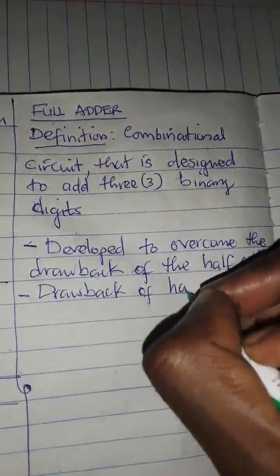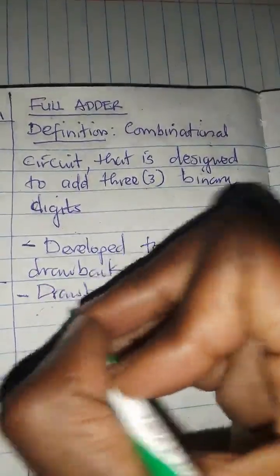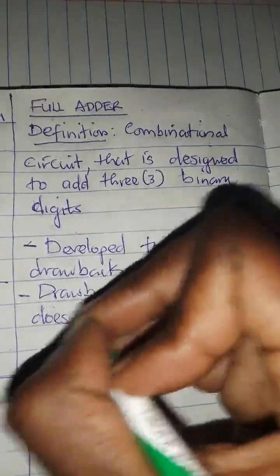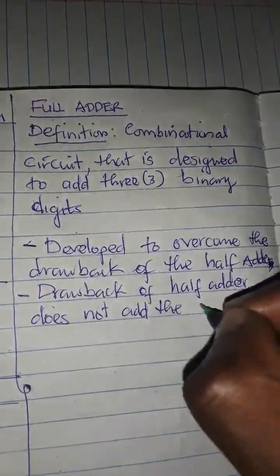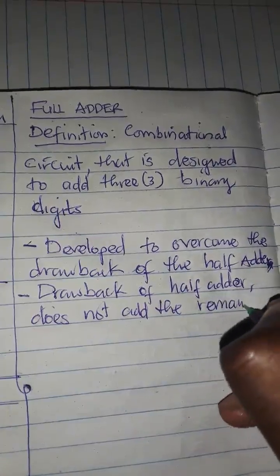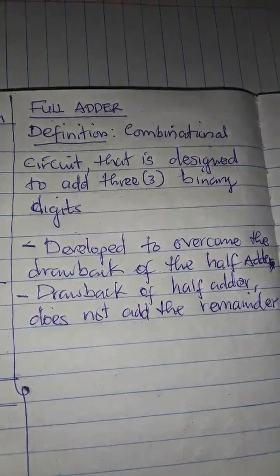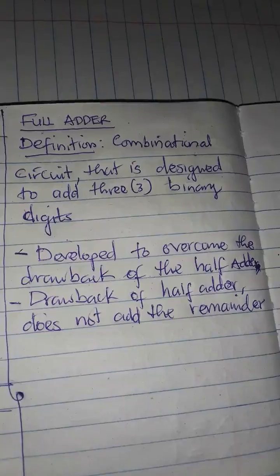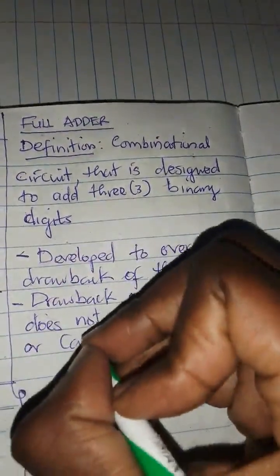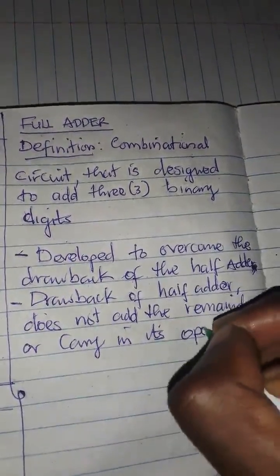The drawback of the half adder is that it does not add the remainder, or carry, in its operations.